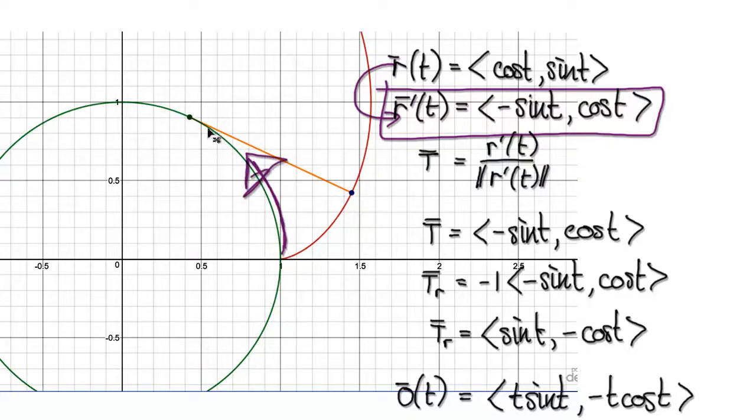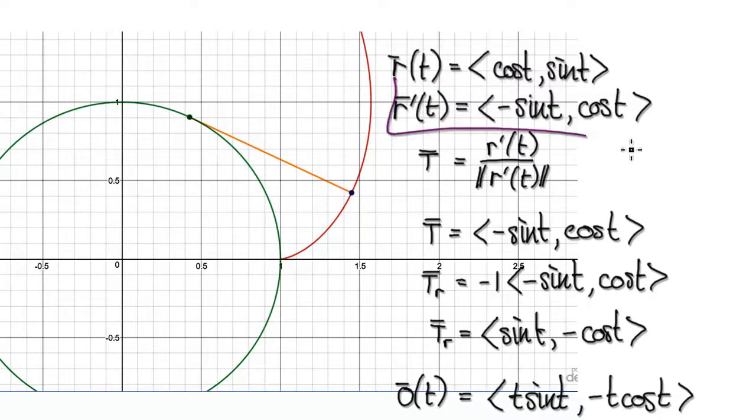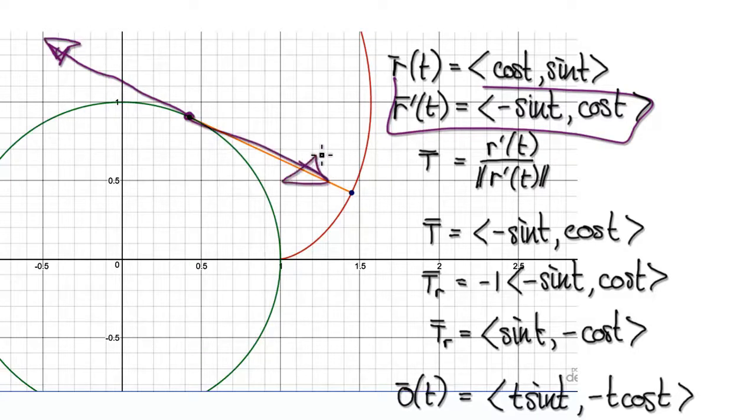So our tangent here will be in this direction. But the thing is, we want it in this direction. But let's obtain the unit tangent. So we've got our tangent here, divided by its magnitude to obtain its unit tangent. So we want it of length 1.